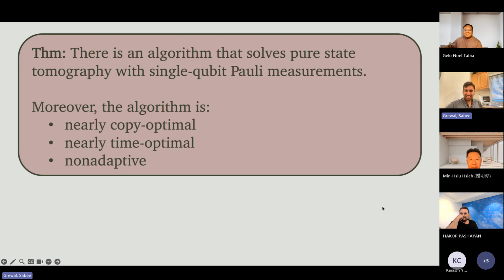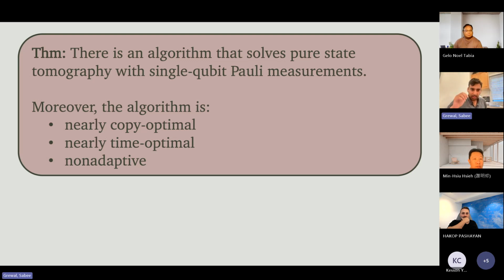Okay, so just to recap what I said, we have an algorithm that solves this pure state tomography problem. It uses single qubit Pauli measurements, and this algorithm is nearly copy optimal, nearly time optimal, and it's not adaptive.